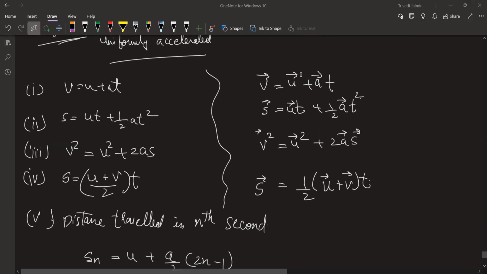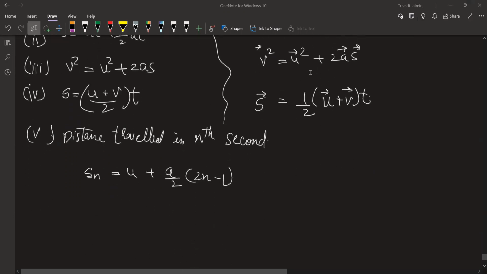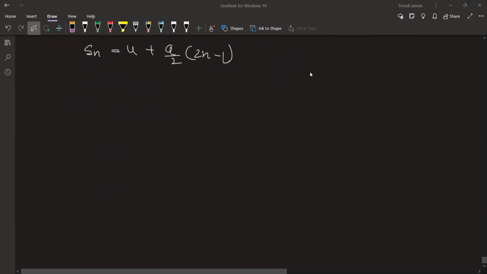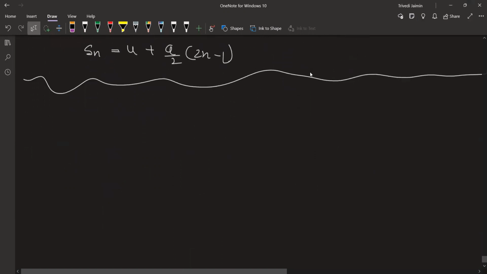Yes, sir. Am I going fast or slow? It's good, sir. Okay. If you feel I'm going fast or slow, you can tell me.